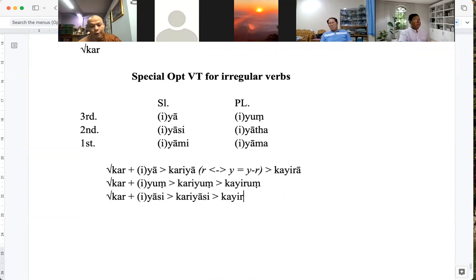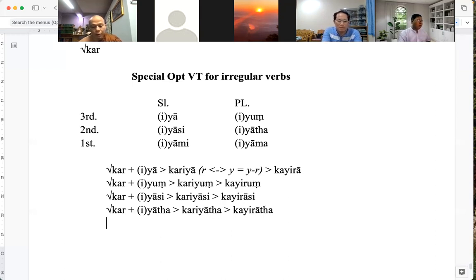So kayirasi. The same way for the second person plural, kar, ta. So firstly, kariyata, but change, kayirata.